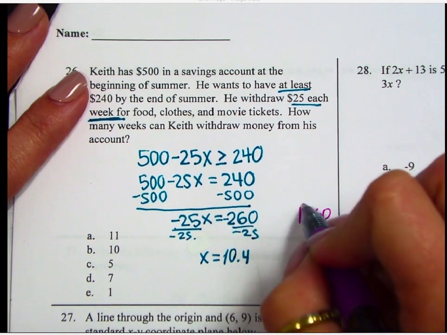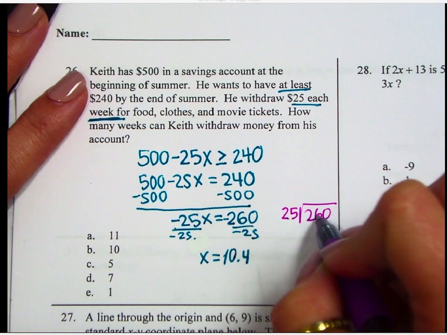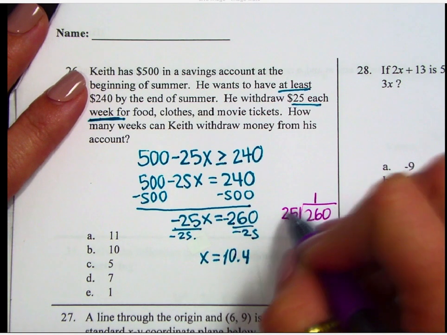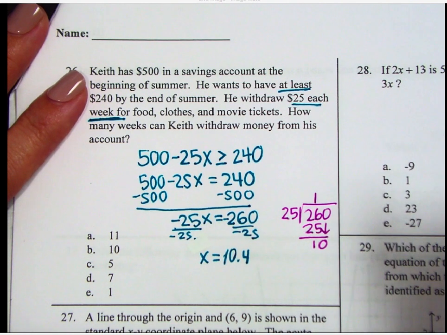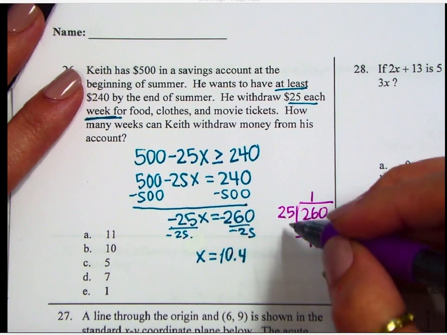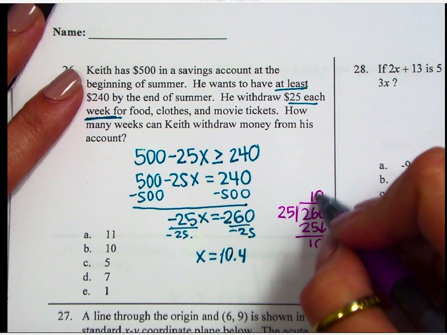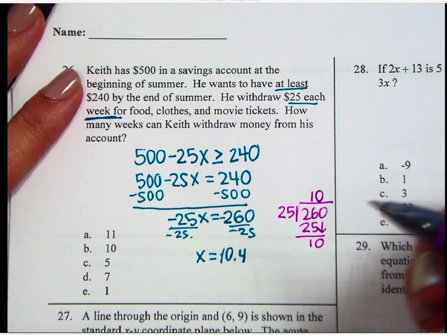260 divided by 25. 25 goes into 26 one time. 1 times 25, and then bring down the 0. 10 divided by 25 goes in 0 times.